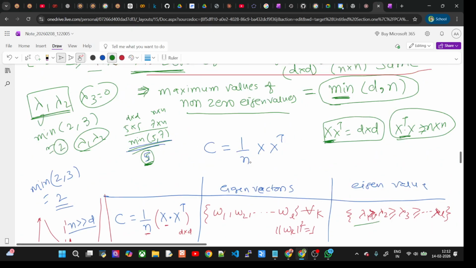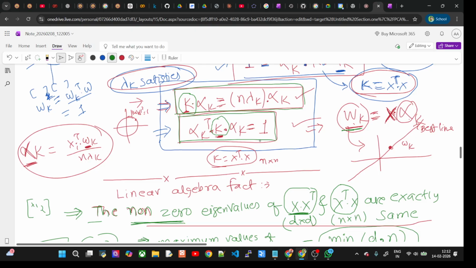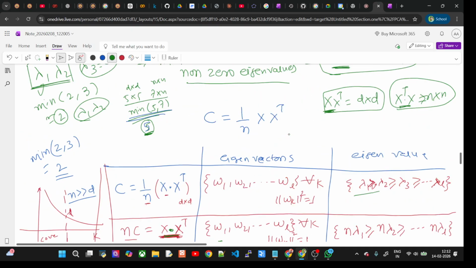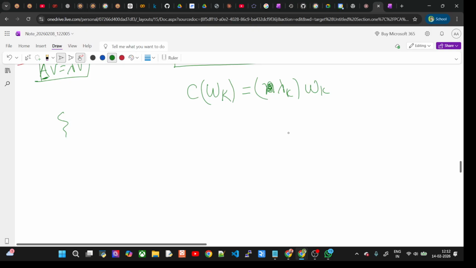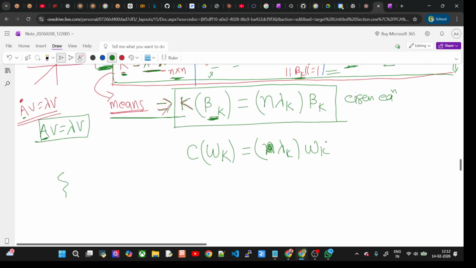And we found two important equations. I will write them down here. K into alpha k equals n lambda k into alpha k.